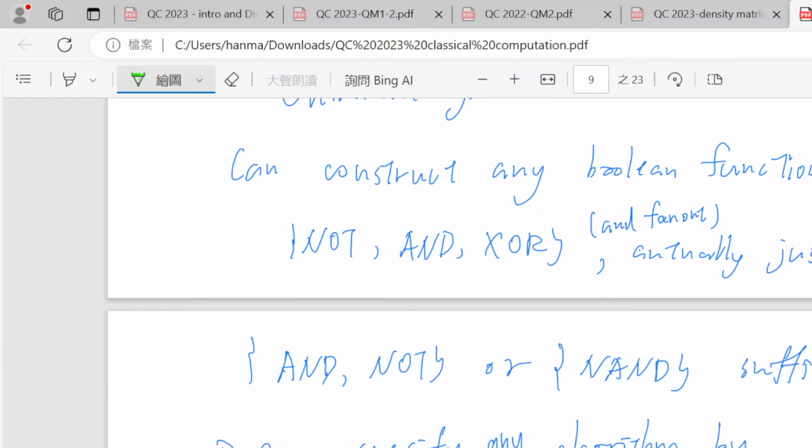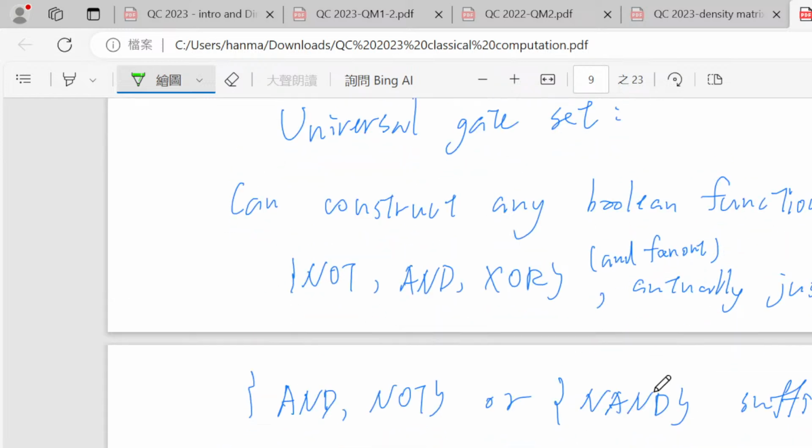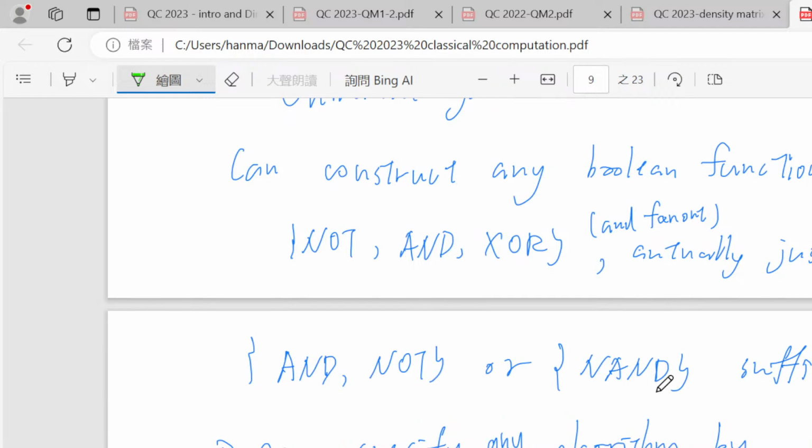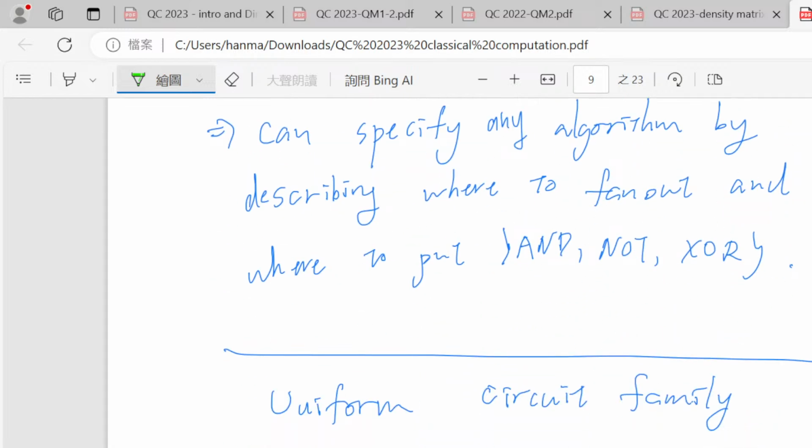This is one of the reasons people like the NAND gate a lot, because it's universal for classical computation in the circuit model. By universal I mean that you can specify any algorithm by describing where to fan out and how you connect your AND gate, NOT gate, and XOR gate. That's the circuit model.